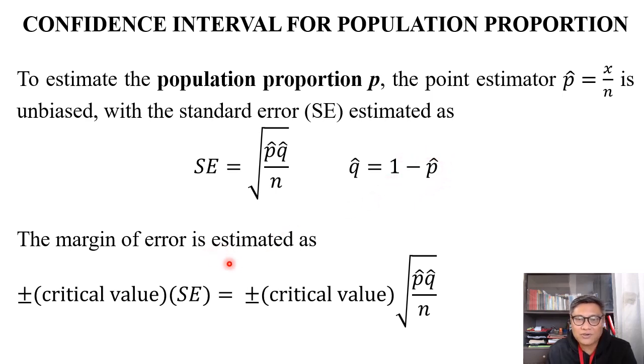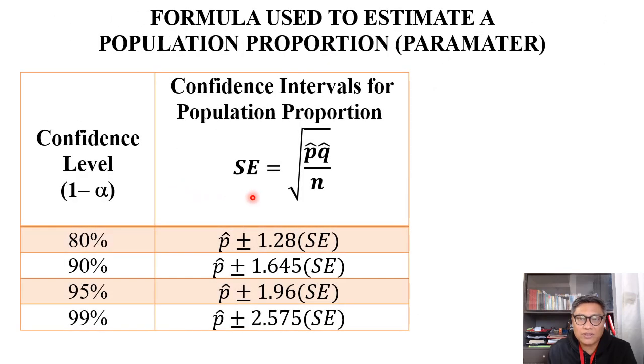So the margin of error, class, for the population proportion is given by, if you notice, exactly the same as with the population mean: the critical value times the standard error of the proportion. However, the only difference, class, is the formula for the standard error, which can be estimated as the square root of p hat times q hat divided by your n. The same critical values we are going to use.